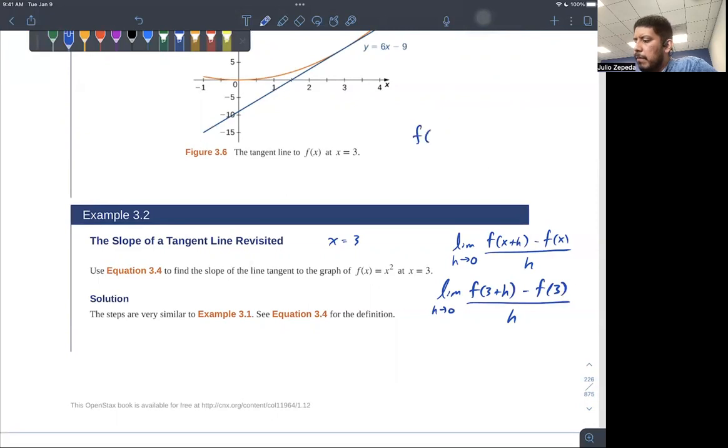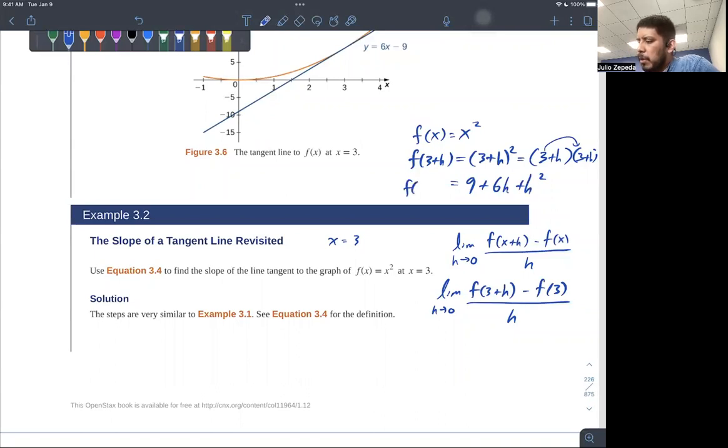If f of x is x squared, then what is f of 3 plus h? That is (3 plus h) squared. If you multiply this out, this is 3 plus h times 3 plus h, and we use the FOIL method here, or just the distributive property. This is 9 plus 6h plus h squared.